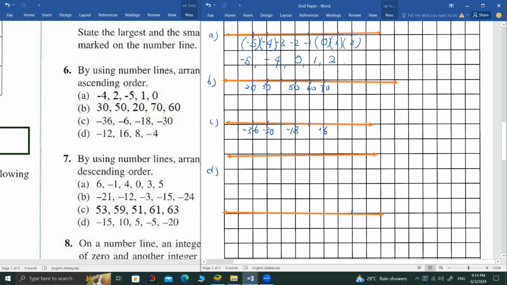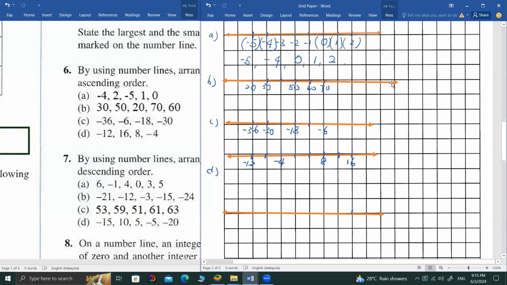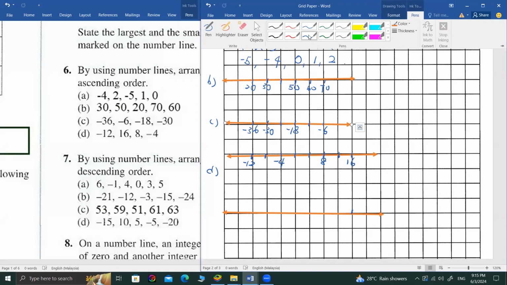You know, right? Okay, good. So after you have drawn the number line, you just follow the figure that you have drawn to write down ascending order. Okay, class, can you understand what I mean? Boleh faham?